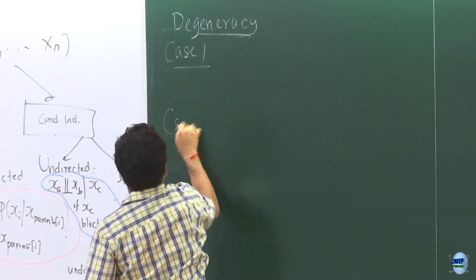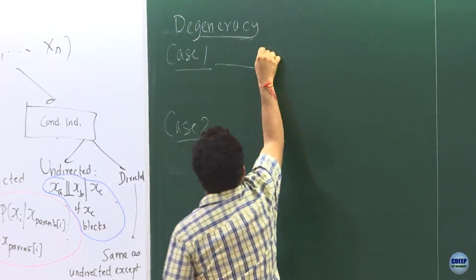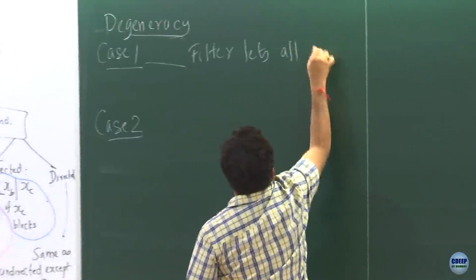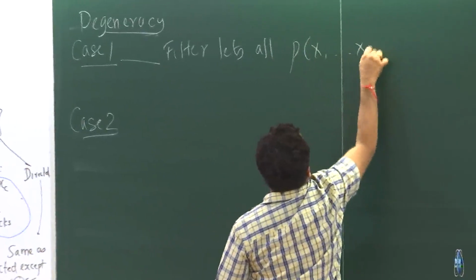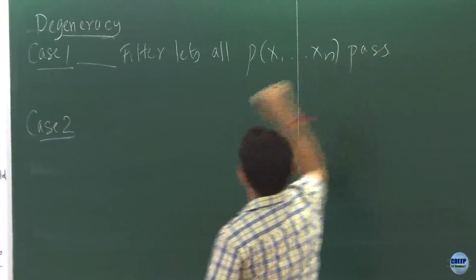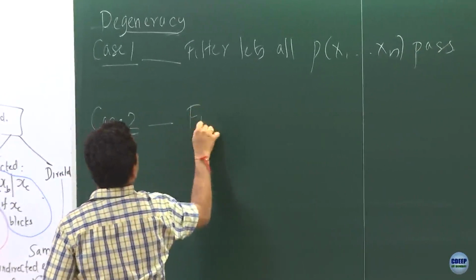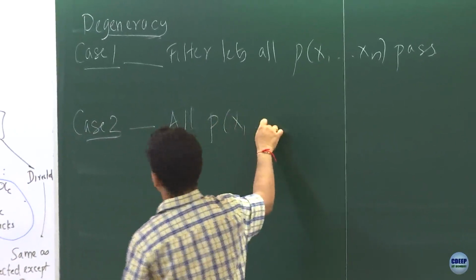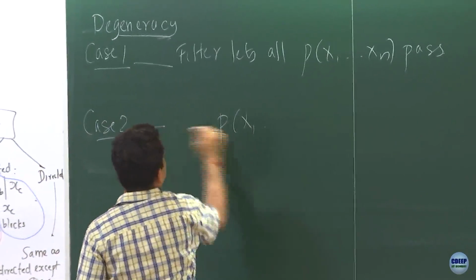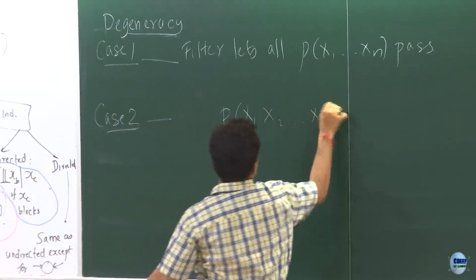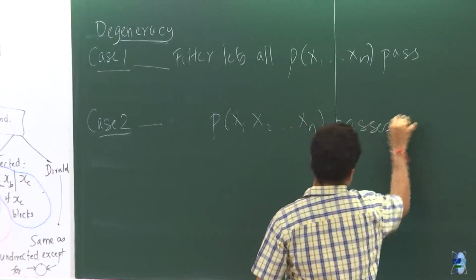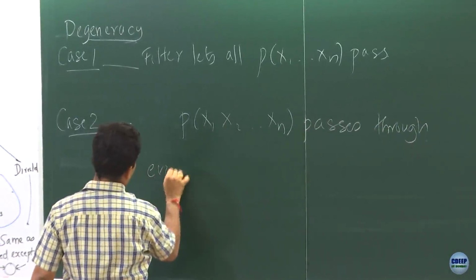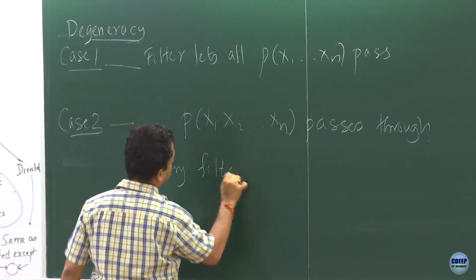Case 1: the filter lets all P of x1, ..., xn pass, and case 2: P of x1, x2, ..., xn passes through every filter.